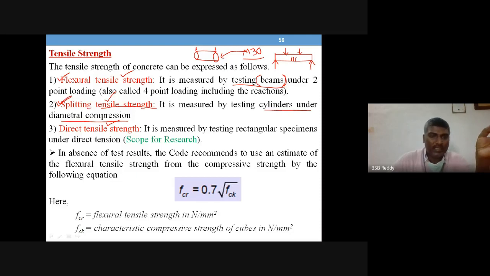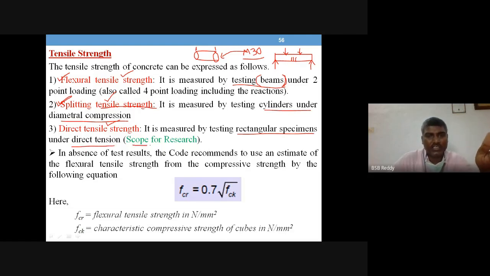Now, what is direct tensile strength? Directly applying tensile force onto a rectangular specimen under direct tension is called direct tensile strength.